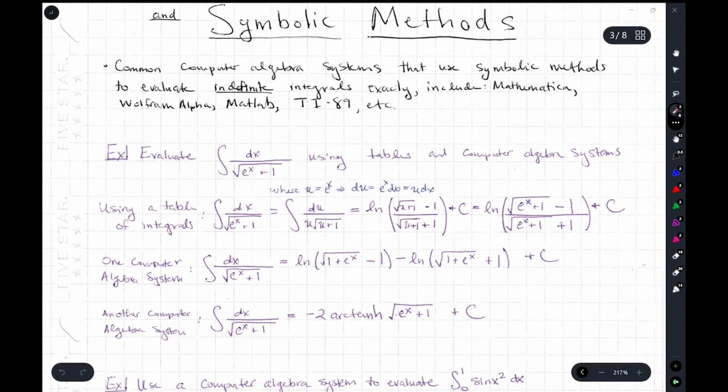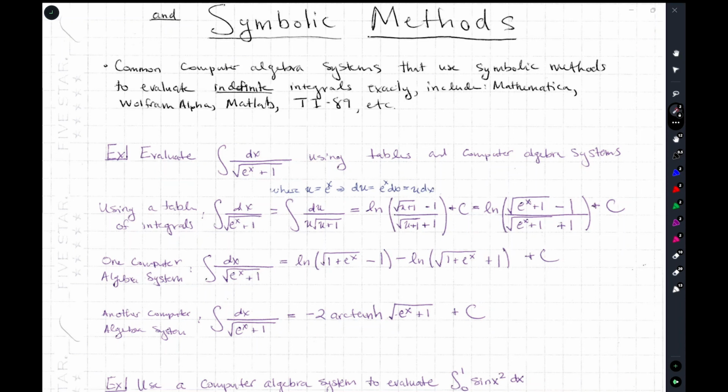And this is different than the function that I had on Wolfram Alpha. This is a square root. That other one was to the -1 only. So if we use a table of integrals, we get this. A computer algebra system may give us this result over here. Another one could give us this result, and they're all equivalent.